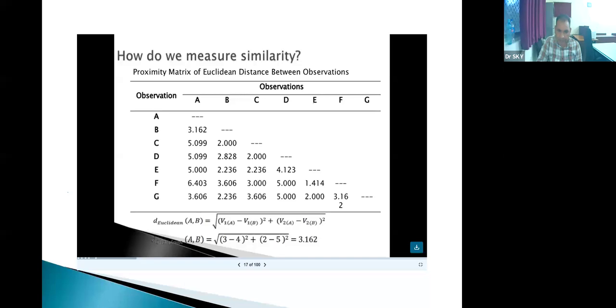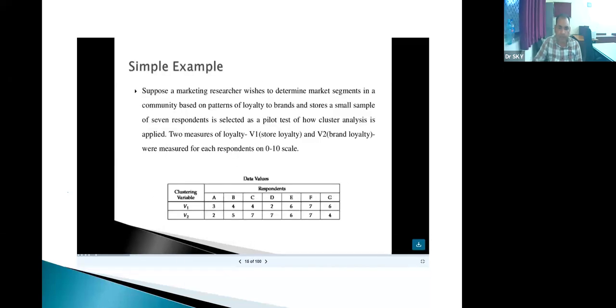So what we will do is find the distances on the characteristics for the same point. We have 2 characteristics, say x1 and x2, and on the basis of these characteristics we are finding the distance between A and B. V1 of A is 3 and V1 of B is 4, so we take the difference 3 minus 4.